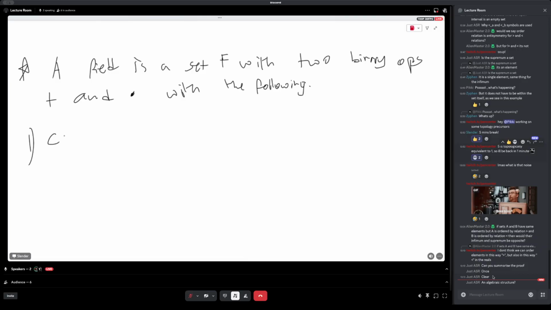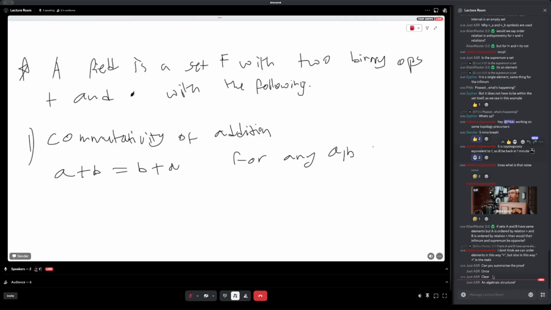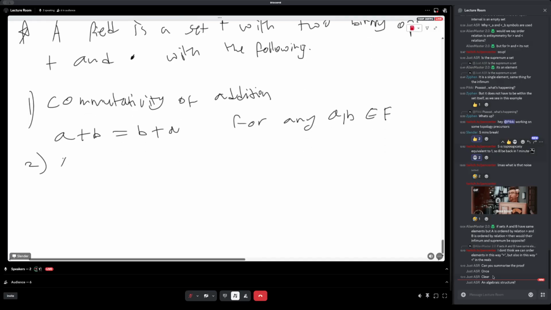So the first thing we have is the commutativity of addition. This is basically, if you take a plus b, it is the same as b plus a for any a and b in this field. And then we have the associativity of addition.